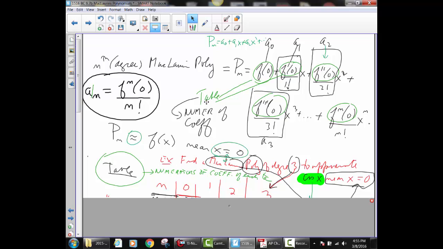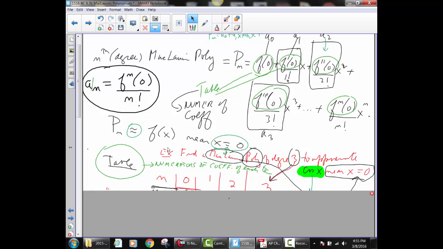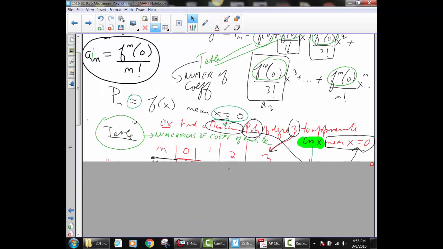The only thing the table is going to figure out for us is the numerator of the coefficient, because you're still going to have the denominator, which for the x cubed term is 3 factorial, for the x to the 4th term would be 4 factorial, and for the nth term would be n factorial. So we're going to approximate f of x by using a polynomial of degree n near 0.